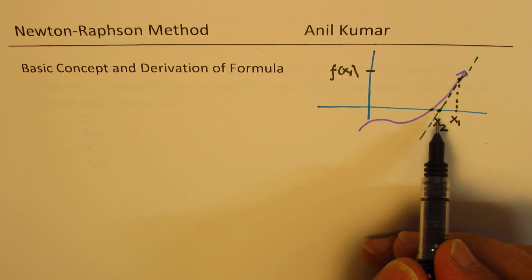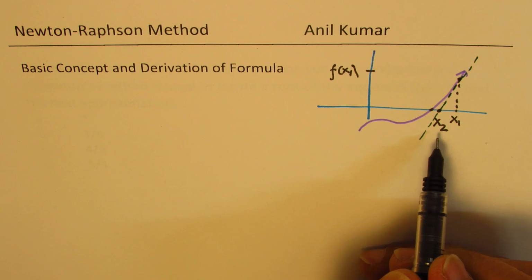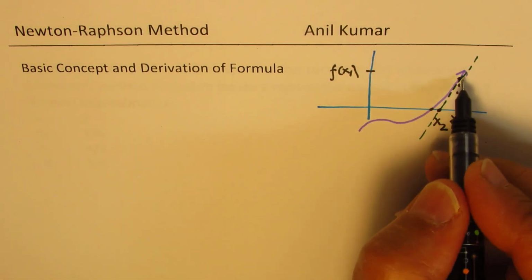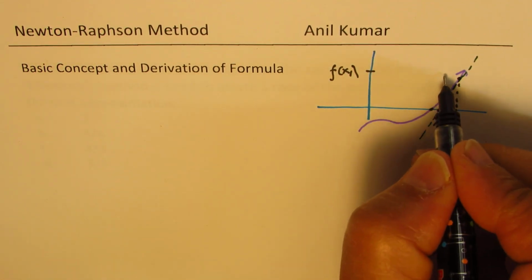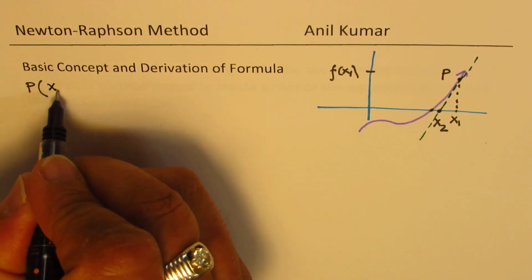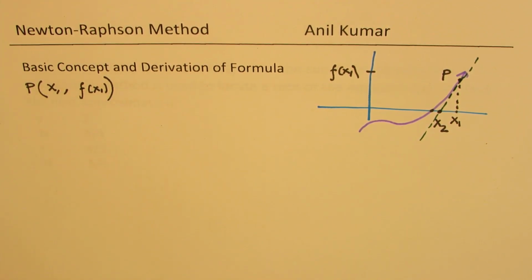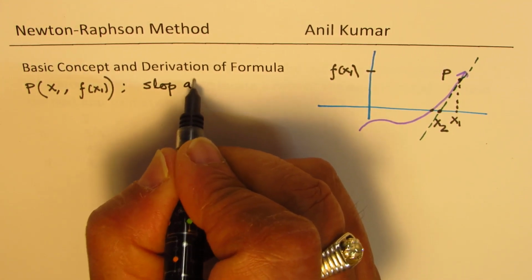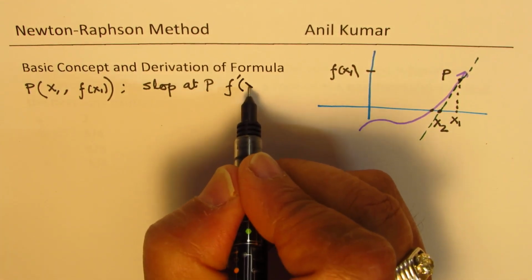Now let's find a formula to get the value of the second point, right? Now, what we know here is that we have a point, let's call this point P. So point P is given to us as x1 and the value of the function at x1, clear? Now the slope at P can be given to us by the derivative at x1.